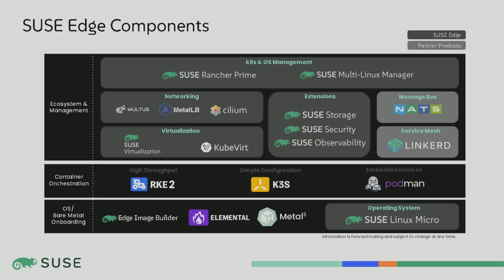We built it to integrate with Elemental, which is our rancher management of operating system images for your Kubernetes nodes. But in this particular case, the customer is using Edge Image Builder to customize that image that they're pushing out to all of these kiosks. So we're not using the Elemental components, but we're using the Edge Image Builder to build those pieces.